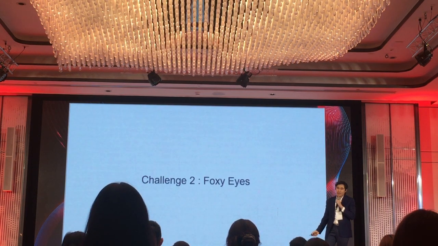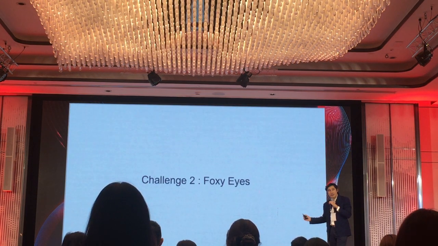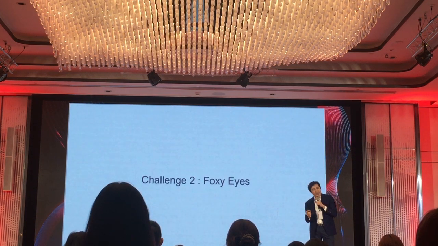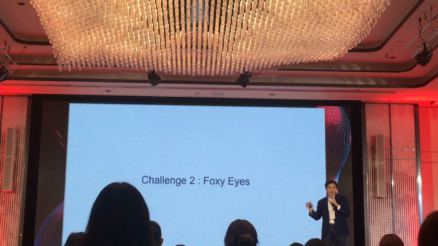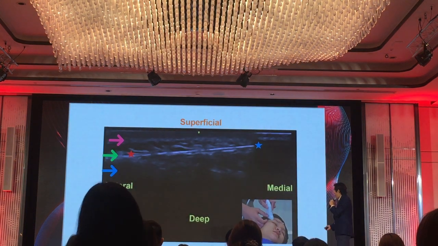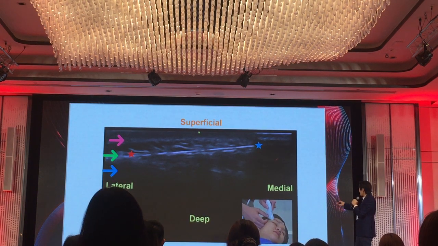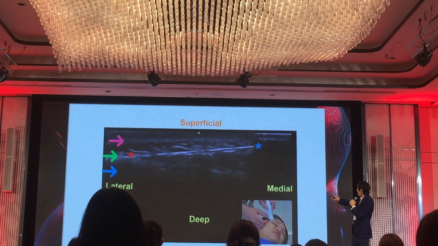So I will use ultrasound to correct this problem by going deep down underneath the superficial temporal fascia to create a stronger anchoring point. See how it looks on the ultrasound: on the medial side are the eyes, and the hairline is on the lateral side. The cannula I label with a blue star.